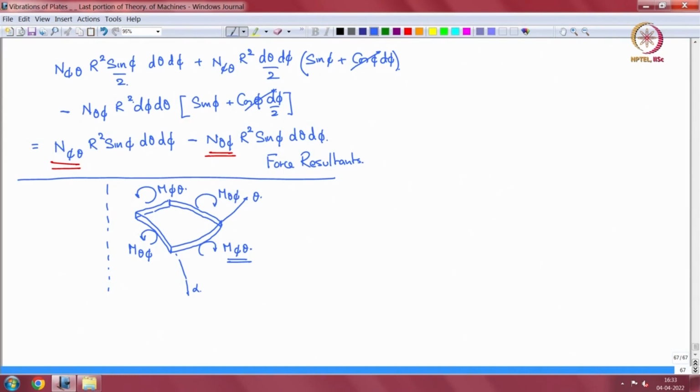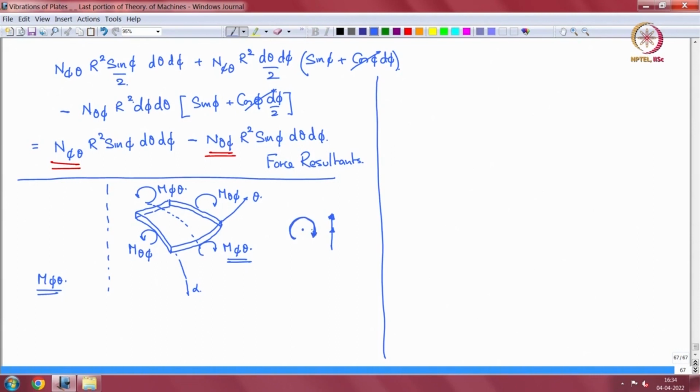Okay. So now let us look at m phi theta. We have m phi theta along this line. If I represent this moment using a double arrow head and the right hand rule, it is going inward into the plane of the paper.